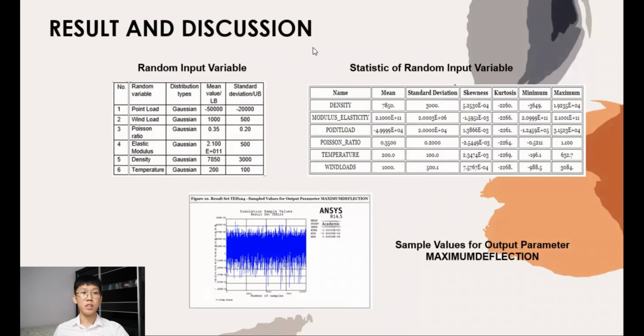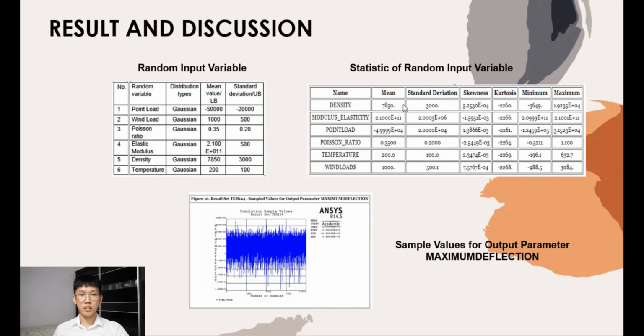Lastly, we come to the result and discussion part. The random input variables we put for the point load is negative 50,000, wind load is 10,000, Poisson ratio is 0.35, elastic modulus is 2.1 times 10 to the power of 11, density is 7,850, temperature is 200.